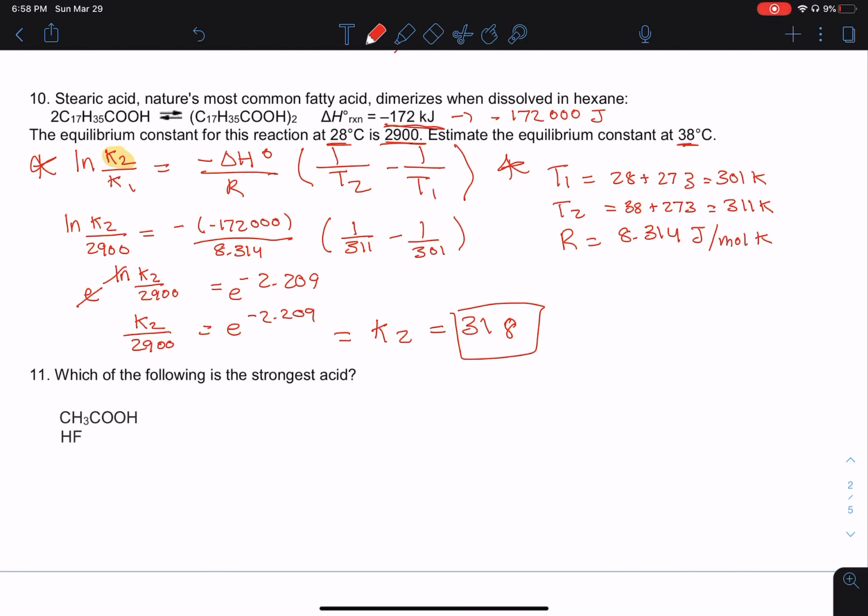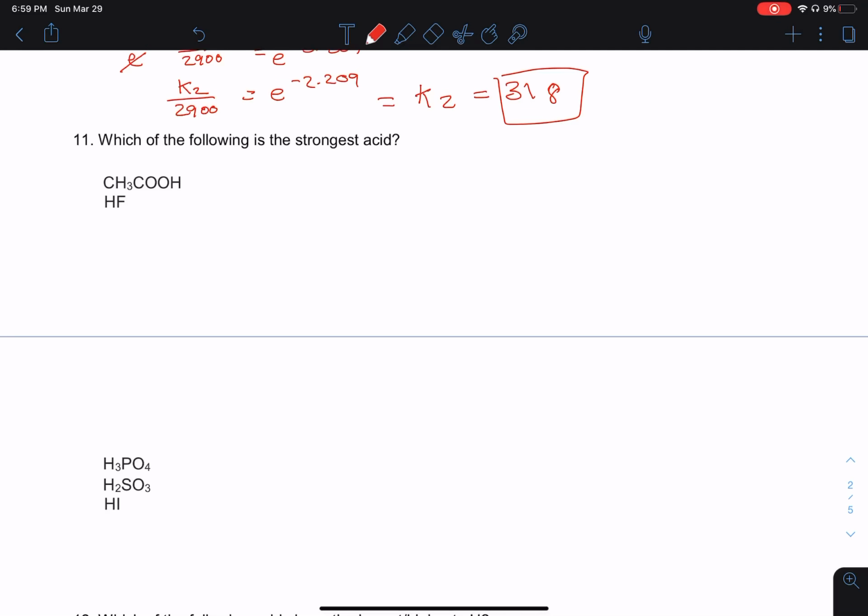Cool? Okay, next we will talk about acids, okay? So just a reminder of these strong acids that we should all know by memory.